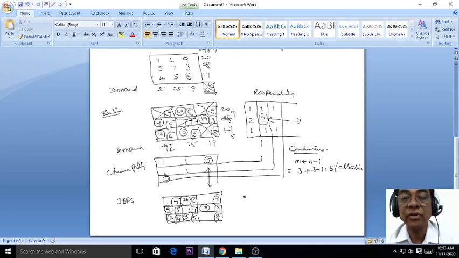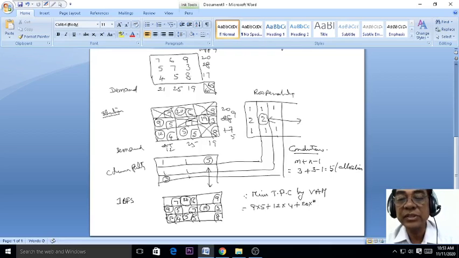So therefore, minimum transportation cost TPC by VAM equal to 9 into 5 plus 12 into 4 plus 20 into 6 plus 5 into 5 plus 19 into 3.